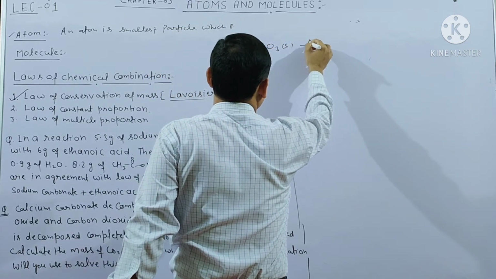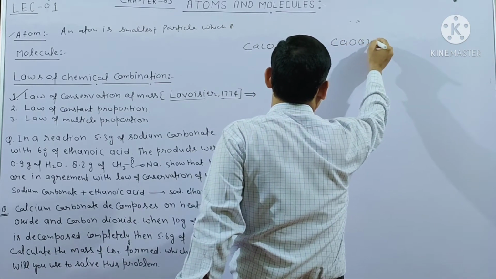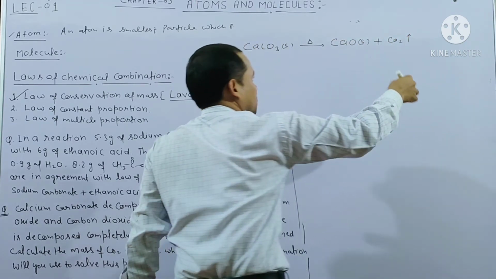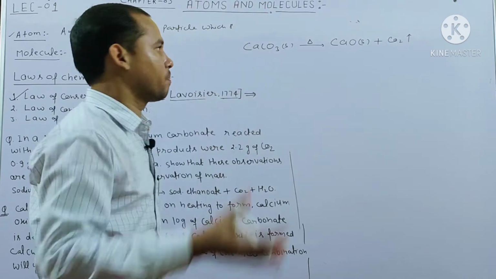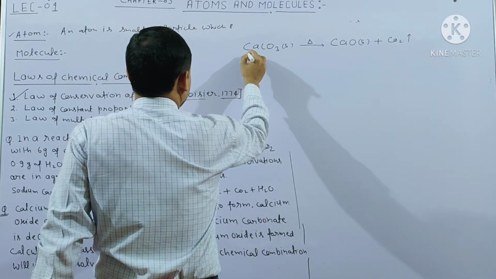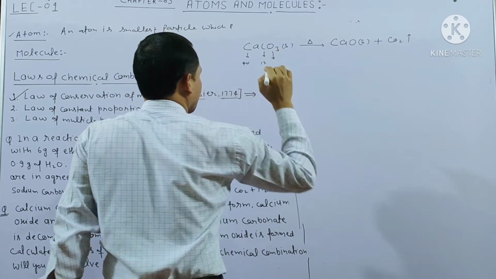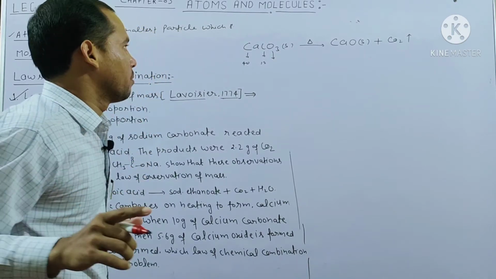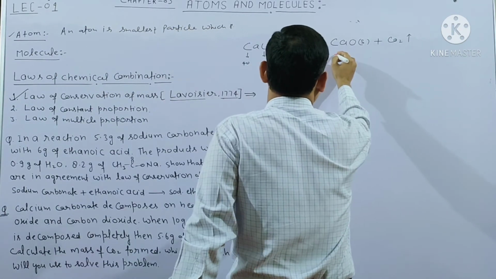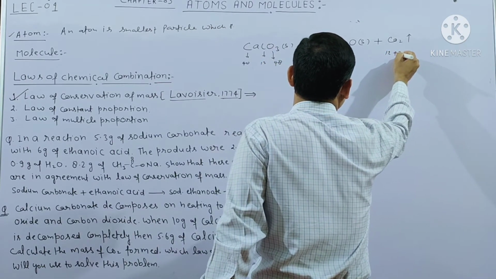If we heat this calcium carbonate, we obtain CaO, calcium oxide, plus carbon dioxide gas. We put an arrow here because this gas just goes up. Here the mass of calcium is 40, carbon is 12, and the mass of oxygen is 16, but with 3 atoms it is 48. Now on the other side, calcium oxide is 40 plus 16, and carbon dioxide is 12 plus 32.